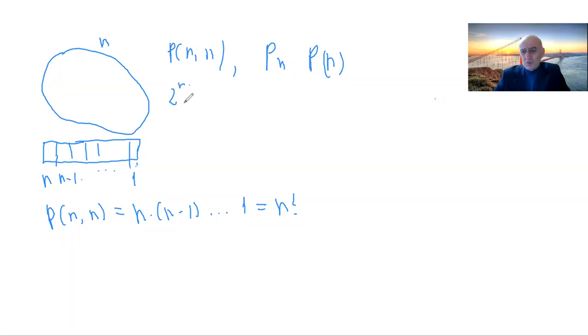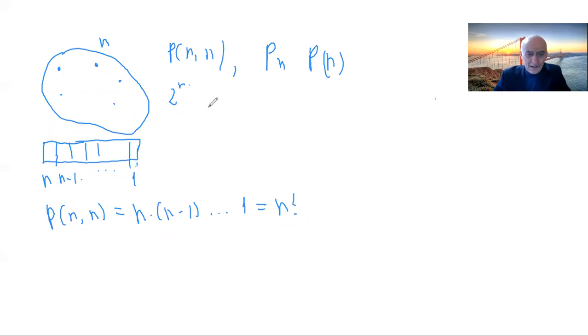Now we can prove it by combinatorial reasoning, and our reasoning is the following. In the set, we have n elements. And for every element, we have two choices: put it in the subset or not.